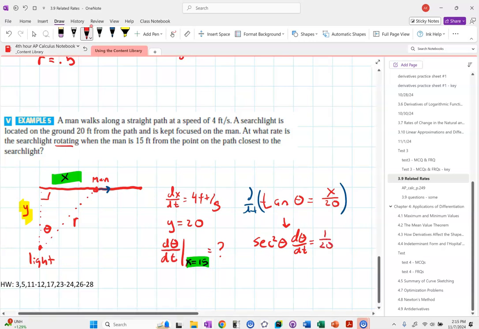One over 20 dx dt. Does everybody feel okay? Now we know dx dt is 4, but we don't know what secant squared of theta is going to be. How am I going to solve for that?